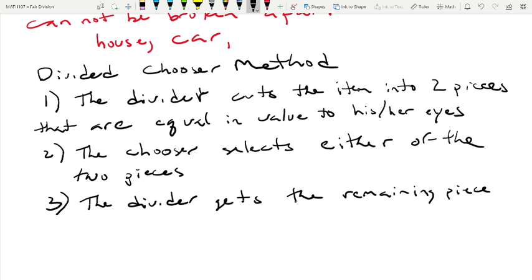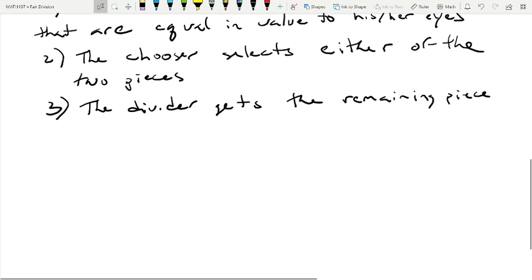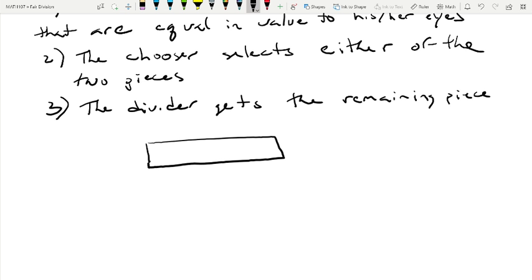The example they have in the book would be if you have two children and a candy bar, and they're fighting over who gets the candy bar. One way of solving the issue is by this method. You pick one of them to cut it, and then the other one gets to pick.